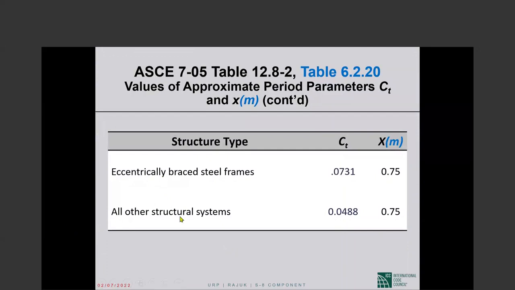And then for all other structures, concrete shear wall structures, for instance, C sub T and X are given. In our units it is 0.02 height raised to the power 3/4. In your units the power doesn't change, it is 3/4, but the 0.02 becomes 0.0488. That's just the unit.